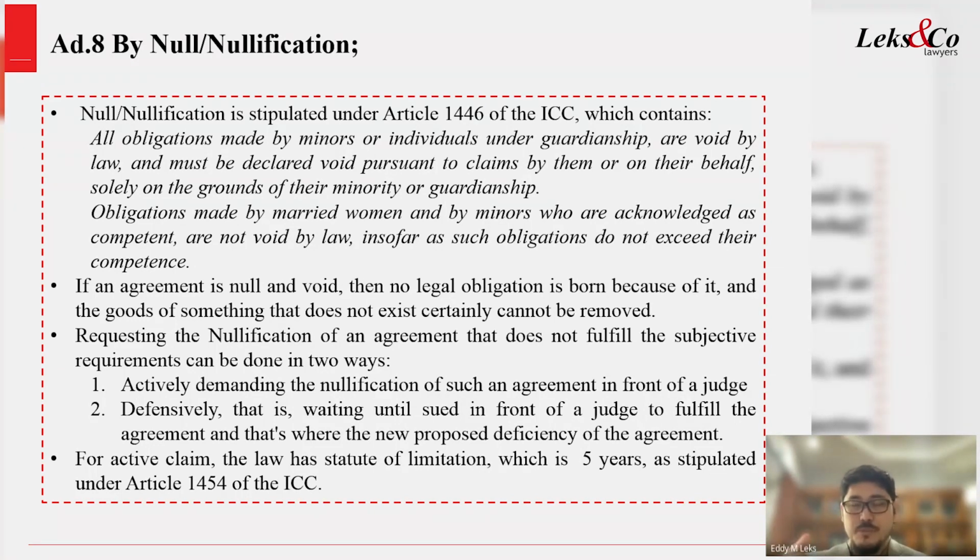I think we have discussed this several times already, even though it is not very detailed, but the concept is the same. When you violate the subjective requirements of the agreement, meaning the first one is the consent, right? The agreement between the parties or the consents between the parties. This is related to the offer and acceptance mechanism that we have discussed also. And the second is the capacity to enter into the agreement, right? So the consent can be violated by mistake, for example, by duress, by threat, by fraud, and everything.